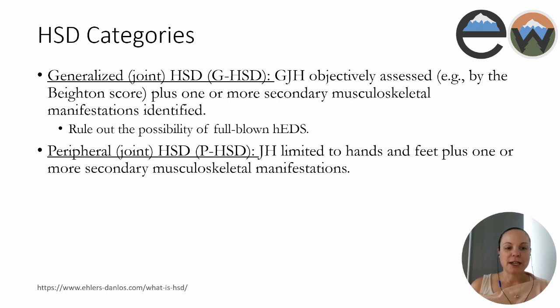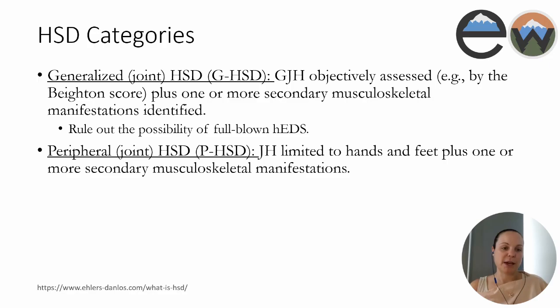So again, generalized joint hypermobility spectrum disorder, or G-HSD, and I know there are so many initials in here. GJH is generalized joint hypermobility. So in other words, generalized means it's kind of global and throughout, it's consistent. We see hypermobility throughout multiple areas of the body, tends to be on both sides.